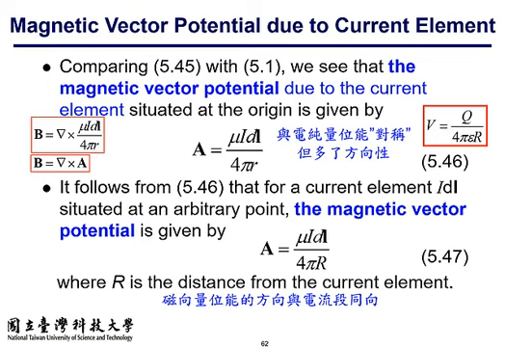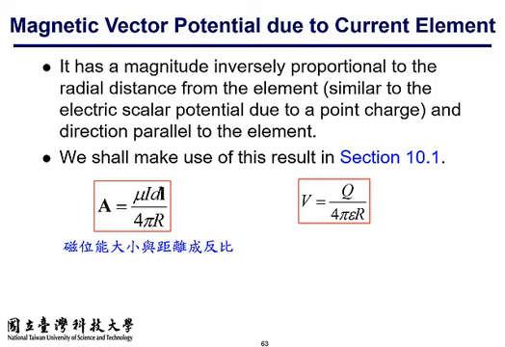The difference is V is a scalar, A is a vector. The vector expression is over here, with dl, the current orientation. Alright, so the similarity and difference can be summed up in the last two pages.